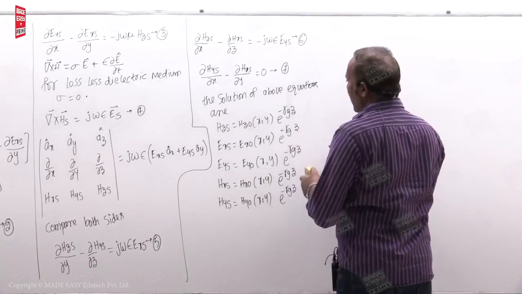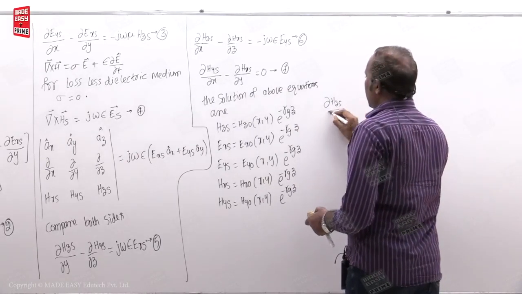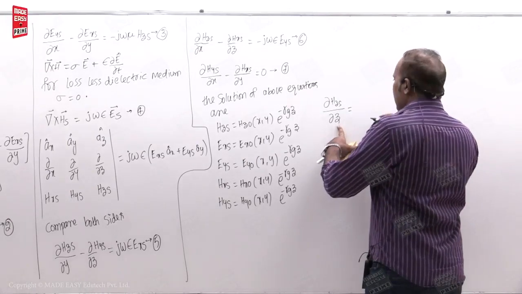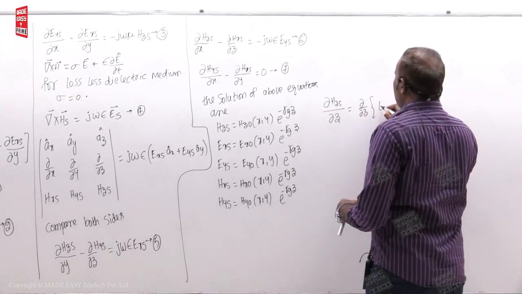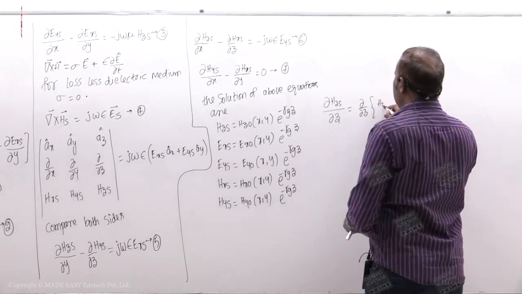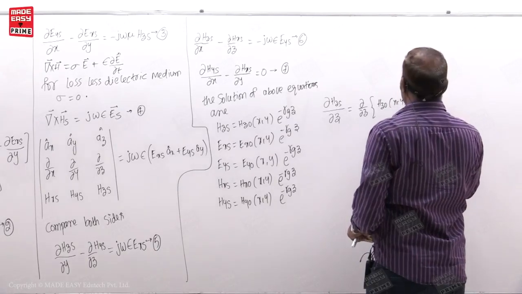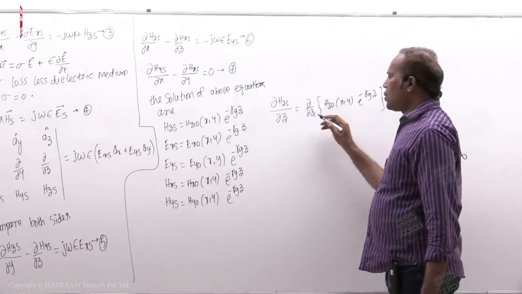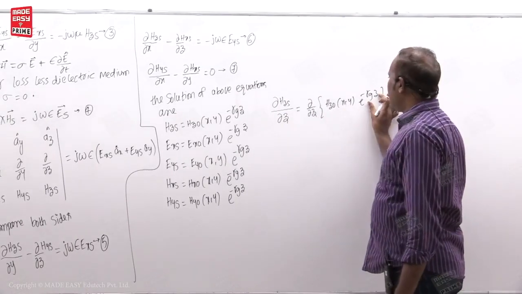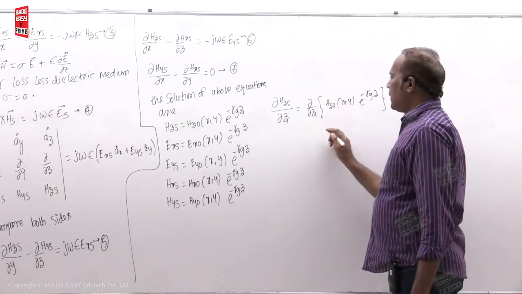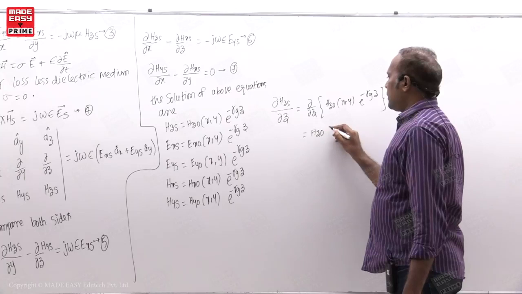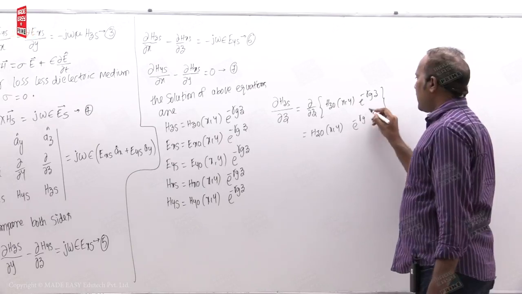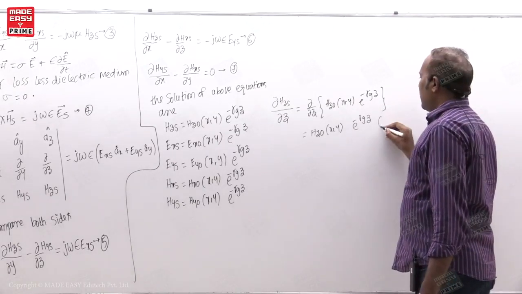Partial differentiation with z, for example del Hz by del z. Del by del z means partial differentiation with z, that means assume others are constants. Hz naught x comma y e power minus gamma g z. So students, partial differentiation with z means assume z is the only variable. That z variable is only present here. Hz naught of x comma y is a constant, so it comes out, and the derivative of e power minus gamma g into z gives minus gamma g.